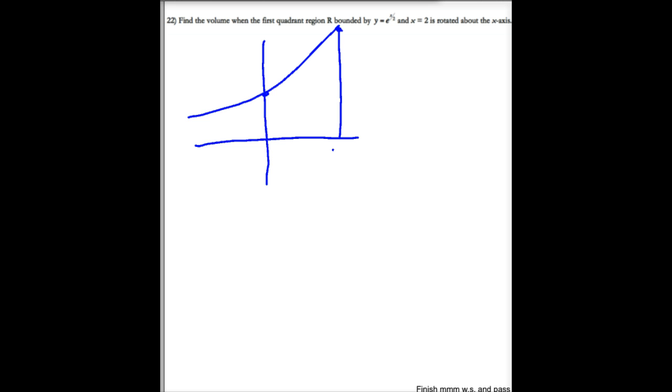Let's go rotate some stuff. So we are going to do e to the x over 2, which goes through 0, 1. If you went on your calculator, it'd look kind of like that. And it's in the first quadrant, and we're cutting it off right here at x is equal to 2.